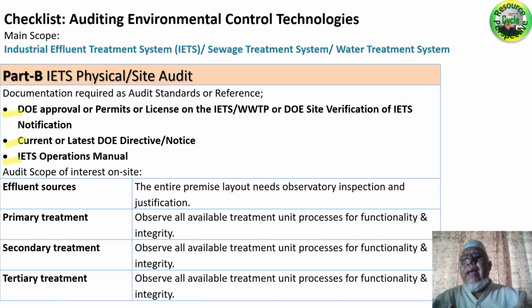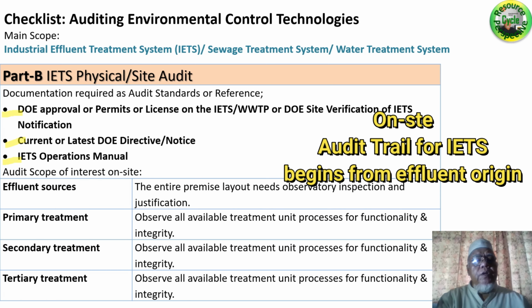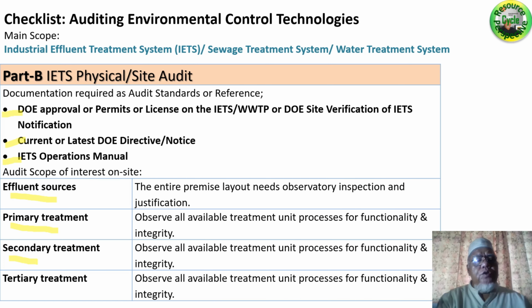Please do not skip any of the 4 site audit scopes as displayed. There you are. Alright, these are the site audit scope. Please do not skip this. You need to check where it comes from: primary treatment, secondary treatment, and tertiary treatment. Well, ask questions and jot down answers.